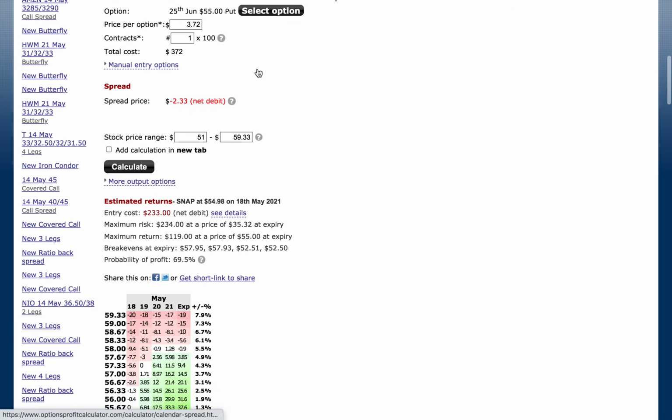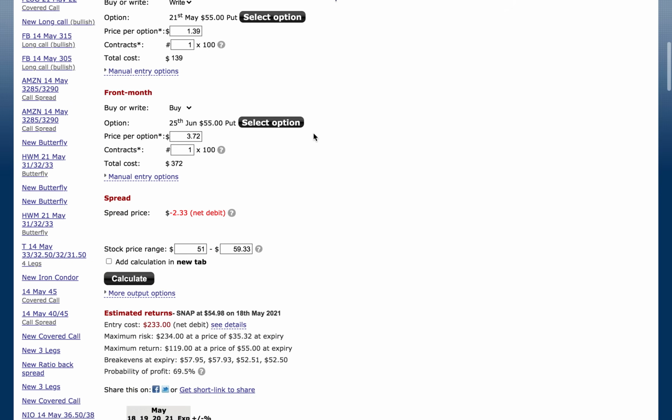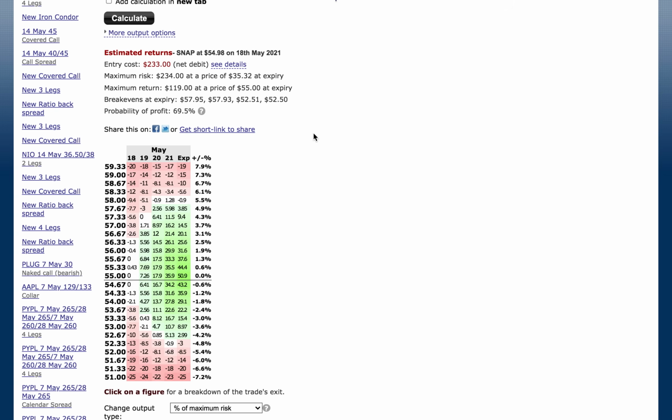That is the strike that we chose for the put we sold and the put we bought. That's why we first start by trying to determine what price we think the stock will be at on the expiration of the put we sold, because that's the price we want this stock to be at on expiration so that we can make that maximum return of $119 here, which would be about a 51% return.